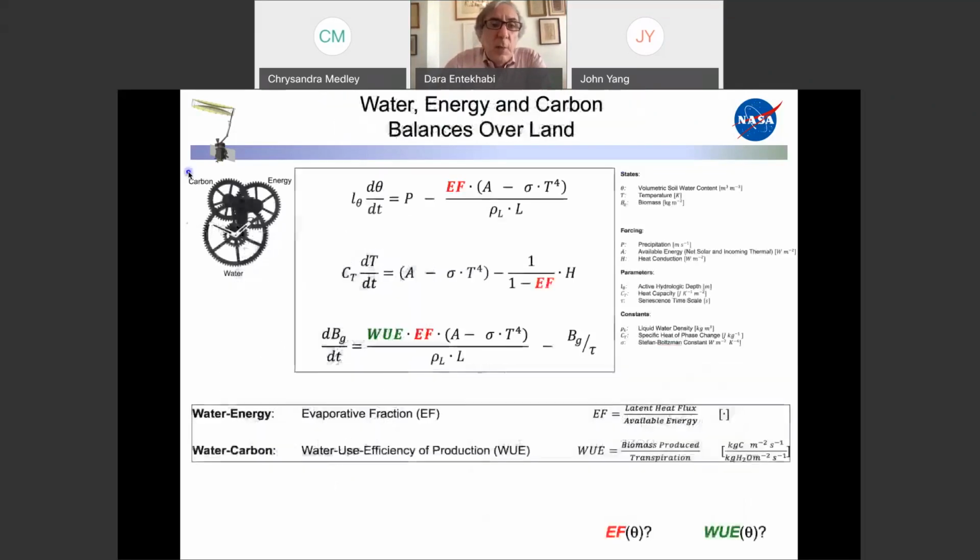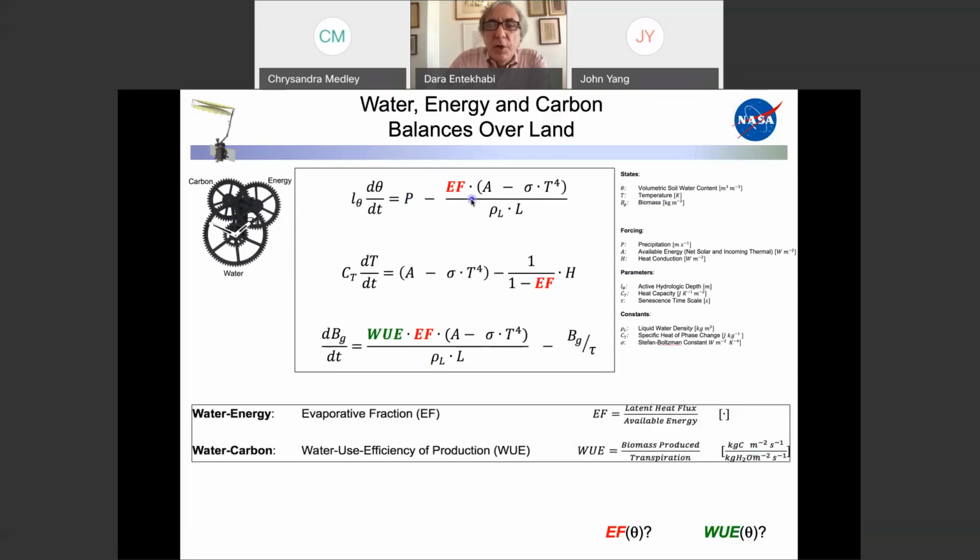To make this a little more quantitative, same diagram, let's take these three gears and just reduce them to three equations, just to see what the linkages are. Obviously, in a real Earth system model, this is spread across many, many lines of code and parameterizations. So the first one is the water balance. That's the change in soil moisture over a certain reservoir. Precipitation is the input, and evaporation is the output.